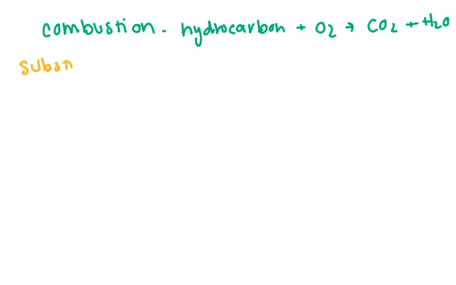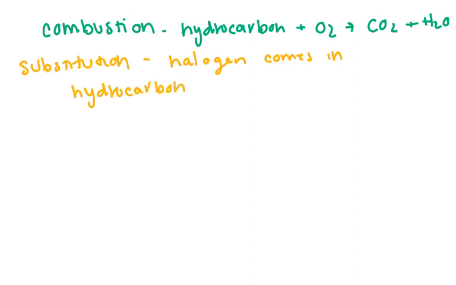Substitution. This is when a halogen comes in. So we're going to have a hydrocarbon plus a halogen, and we're going to get a halide plus usually an acid.